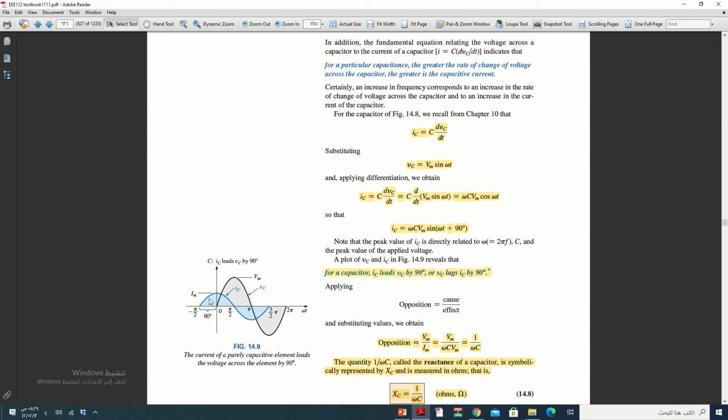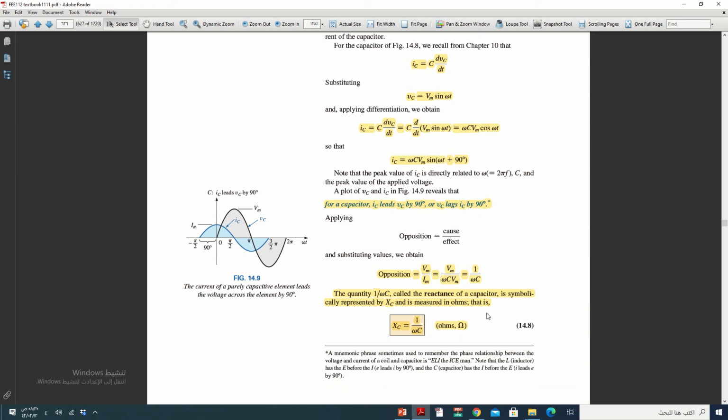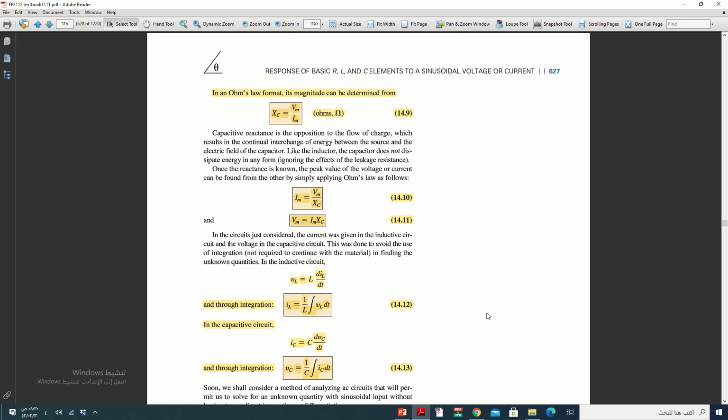This means the current leads the voltage, or the voltage VC lags IC. It is written here: for a capacitor, IC leads VC by 90 degrees, or VC lags IC by 90 degrees.